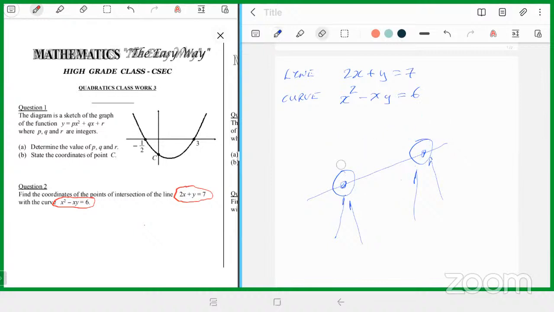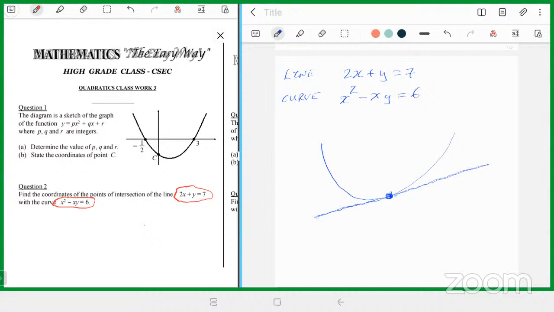But let me just say something to you right now. You can have a situation as well where you have a curve and a line that just touches the curve at a single point only. A possibility exists as well. It doesn't matter, right?